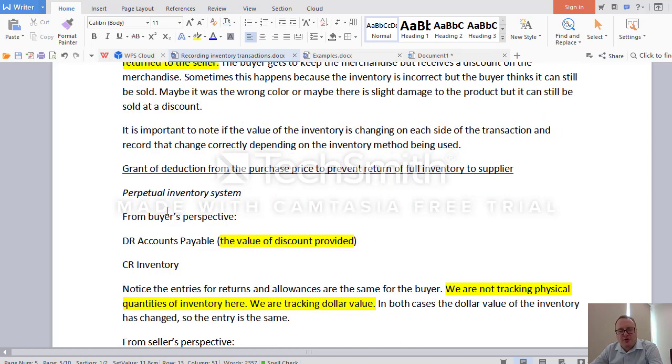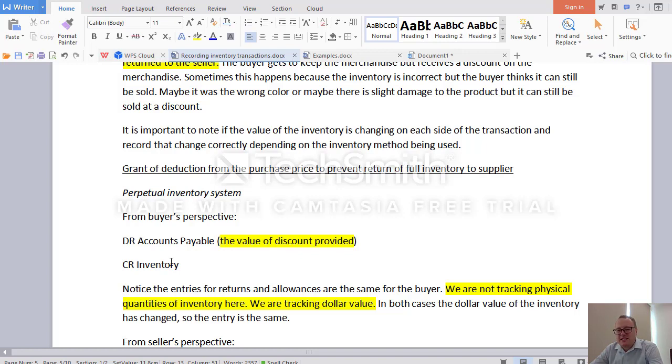So now let's look from the buyer's perspective. You will debit accounts payable and credit inventory, but here you do not put the whole value of inventory. You are not returning it, right? Here and here you will only put the value of the discount provided, which may be 1 or 2%, right?